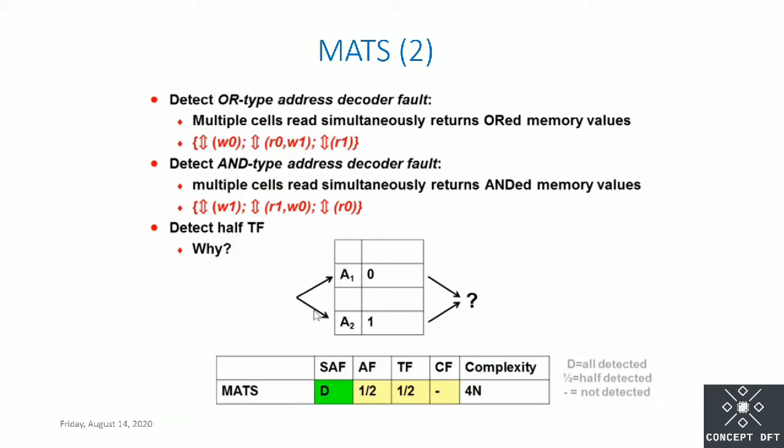To detect AND type address decoder fault, the sequence is: write 1 in ascending or descending direction, then read 1, write 0 in any direction, and then read 0 in any direction. The complexity of MATS 2 is 4n. This algorithm will detect circuit fault and half address decoder fault and half transition fault.